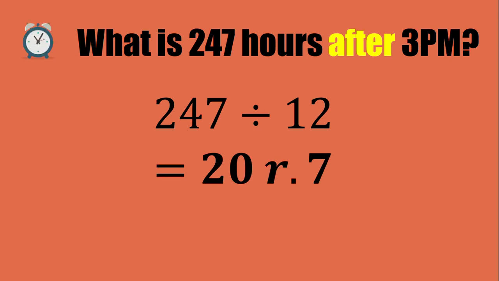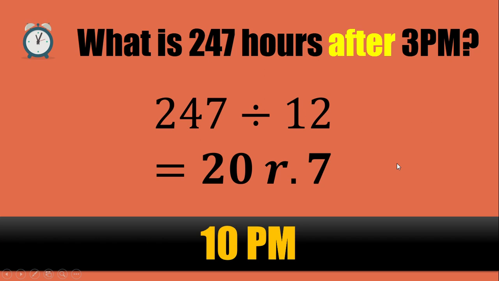Given that 20 is our quotient and 20 is even, our reference time is the same, which is 3 p.m. And then we have the word after here, so all we need to do is add that excess of 7 hours. So 3 p.m. plus 7 hours, that is 10 p.m. The answer here is 10 p.m.